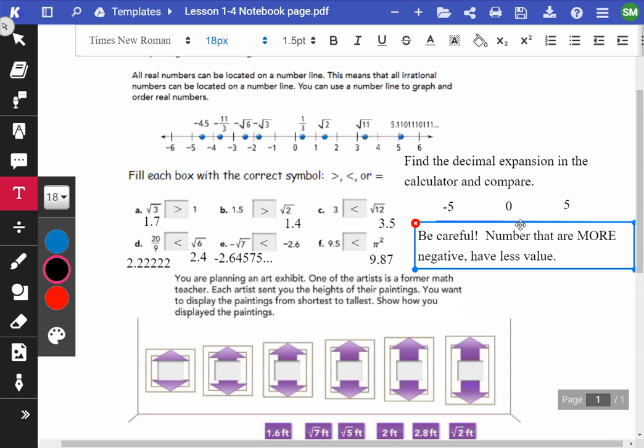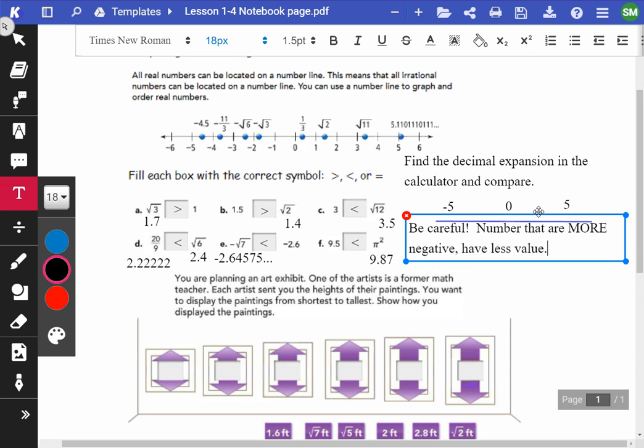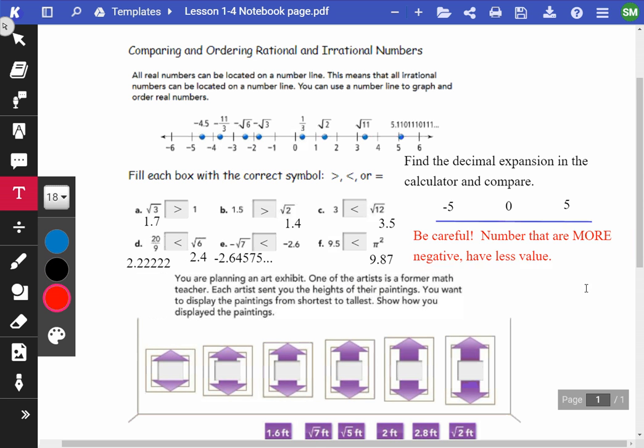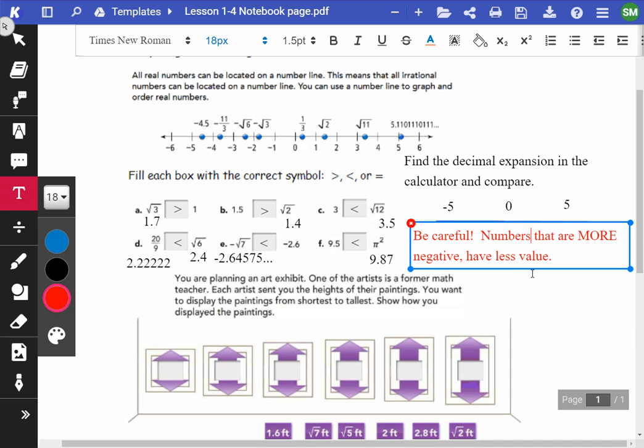So that's very important to remember. In fact, I might change that whole thing to red. Be careful. Numbers that are more negative have less value. We need to remember that.